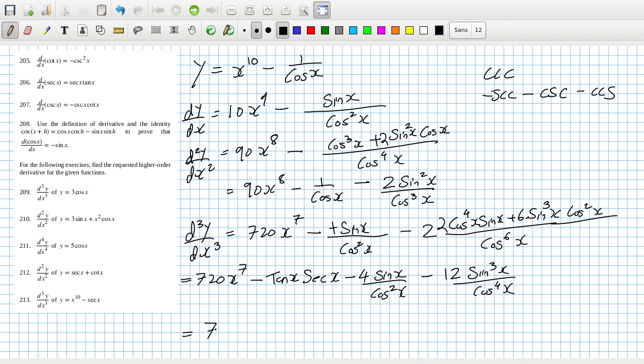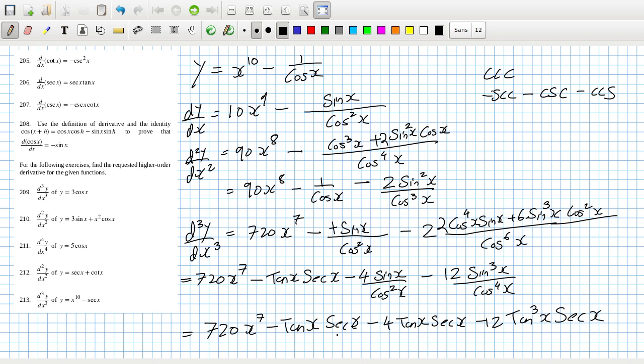Oh man, I hope this is going to be right. 720 x power 7 minus tan x sec x minus 4 sine over cos is tan times 1 over cos, which is sec x, minus 12 sine cubed over cos cubed would be tan cubed, leaving me with a 1 over cos, which is sec x.